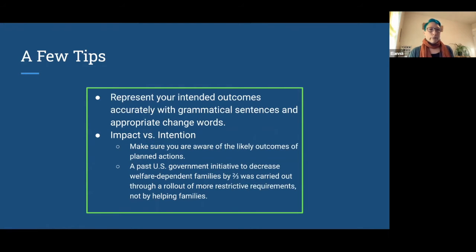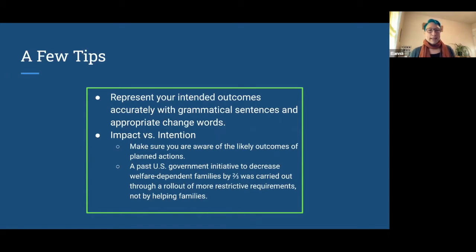So we want to avoid situations that could arise if it's not clear what the impact is going to be on a specific population. So that's why you want to work closely with people in your organization, your partners, to try and figure out what is the likelihood of what's going to happen if we do certain things in this community in order to help them.